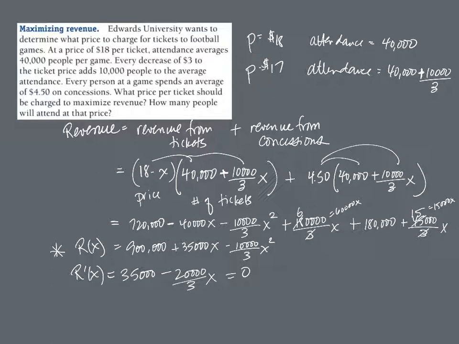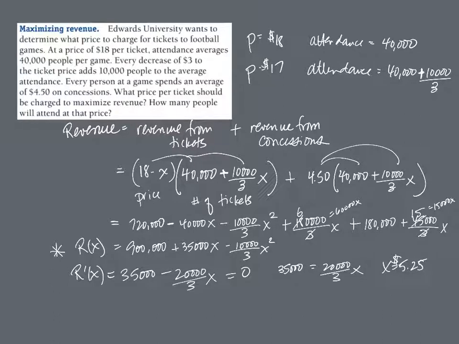And so that would mean, let's see, what do we get here? 35,000 equals 20,000 divided by 3 x. So 35,000 times 3 and divided by 20,000 is 5.25.